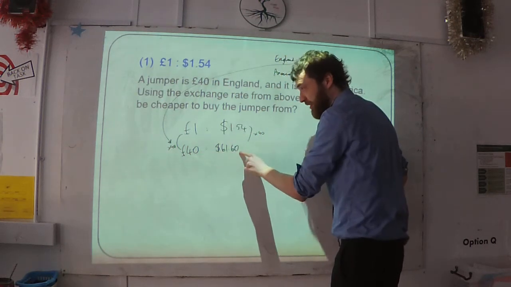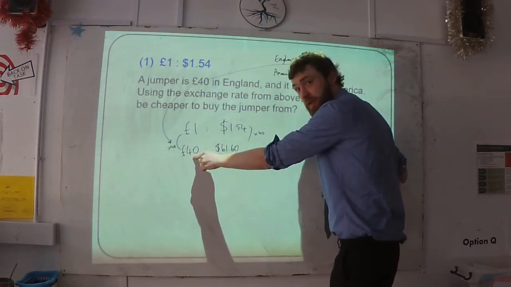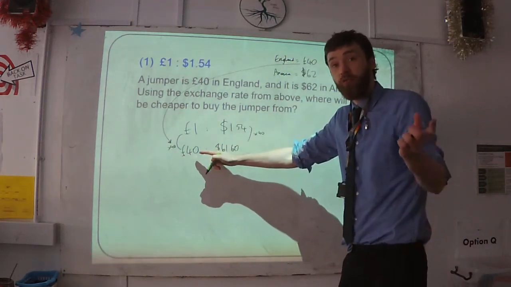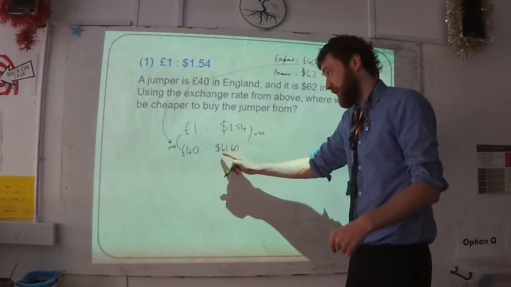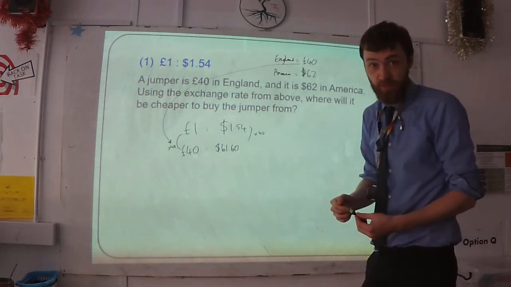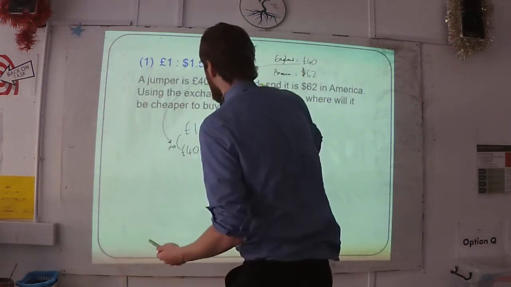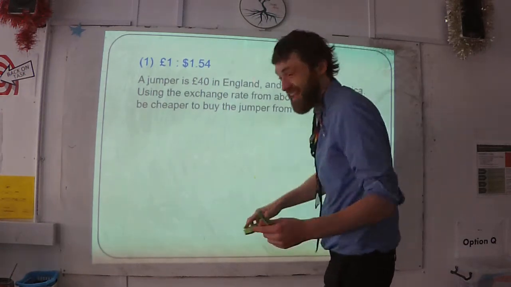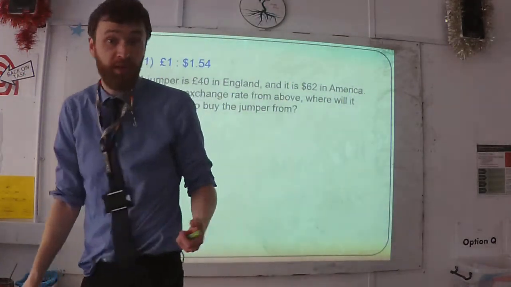You'd say it's cheaper in England because after I converted it to dollars it's $61.60, whereas in America it's $62. Okay, so that's how you would deal with that question. You just simply make it the same currency and then you can compare them.